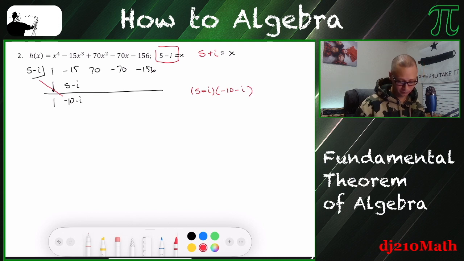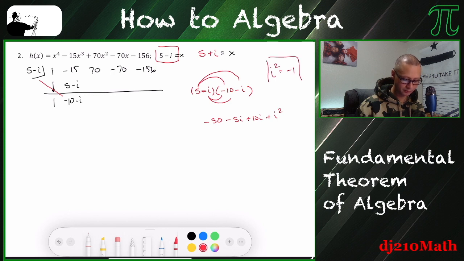We have to do FOIL, right? Distribute. So 5 times negative 10, negative 50. 5 times i, negative 5i. i times negative 10, positive 10i. And then negative times negative is a positive, i squared. Remember, i squared is equal to negative 1.